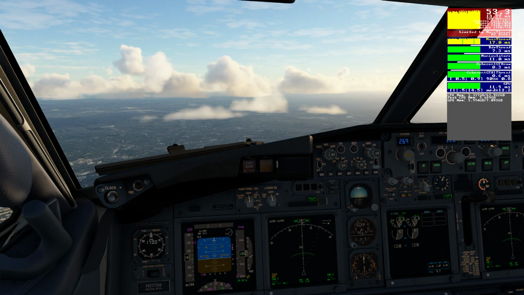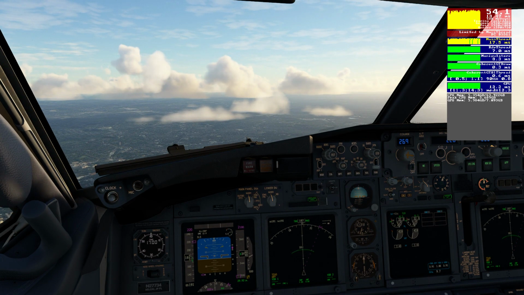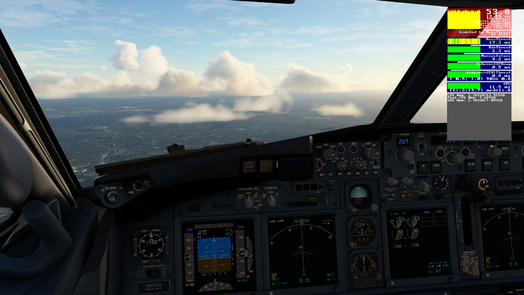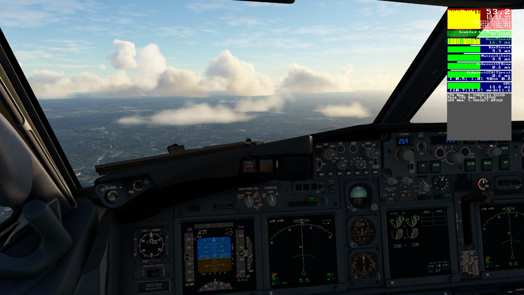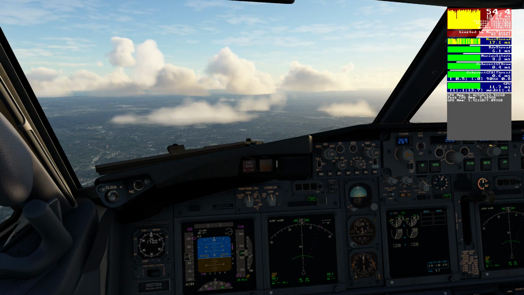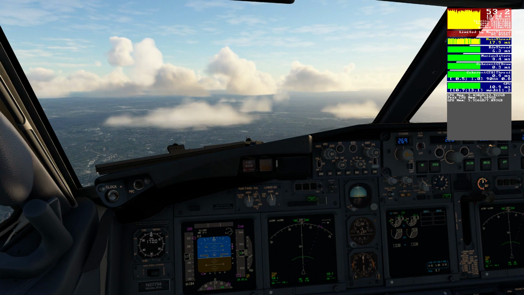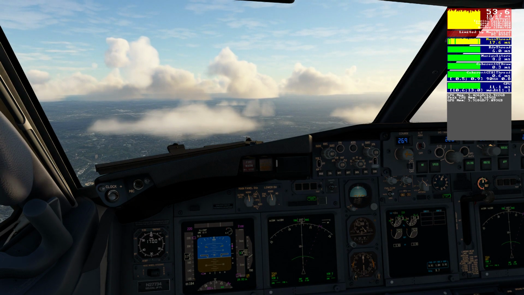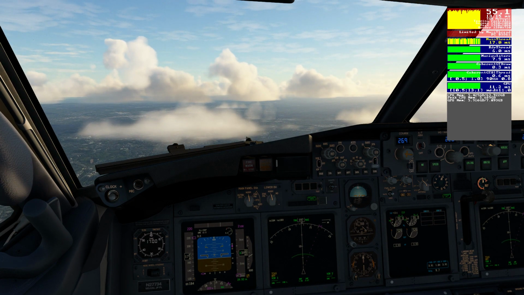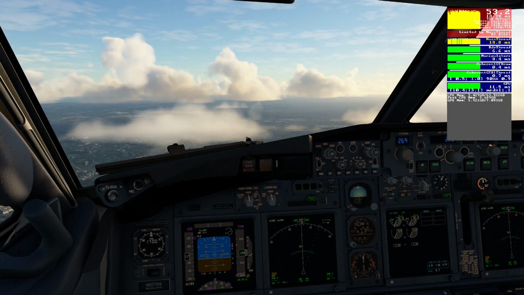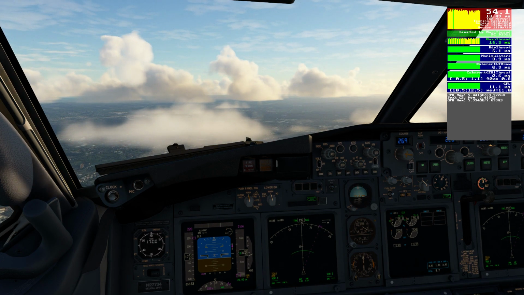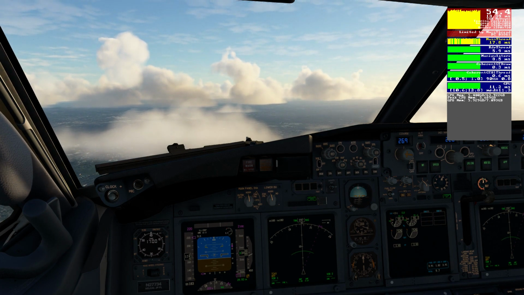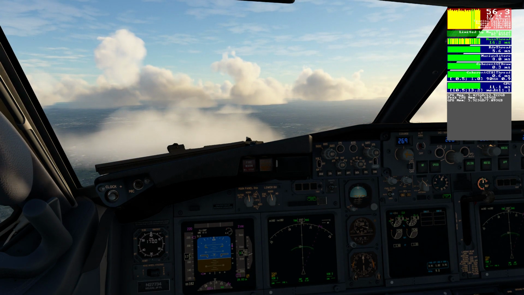Right, we have descended way below the glide. That's okay though. And if you look at the tapes, the speed tape, altitude tape, we very much have this weird motion blur happening.